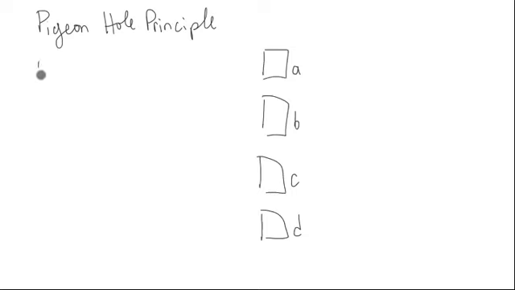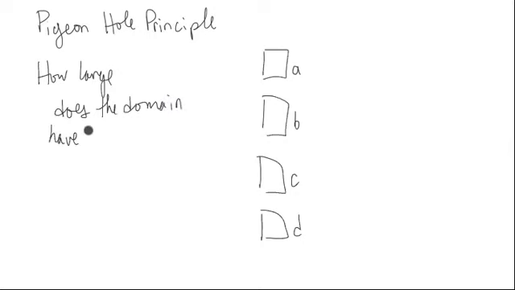That is, how large does the domain have to be in order for the function to not be injective? Remember what injective means?